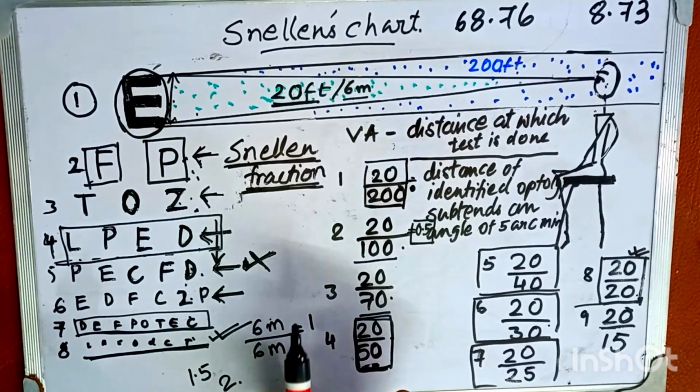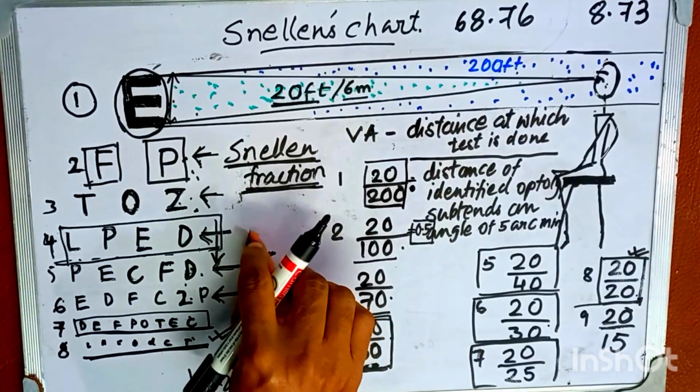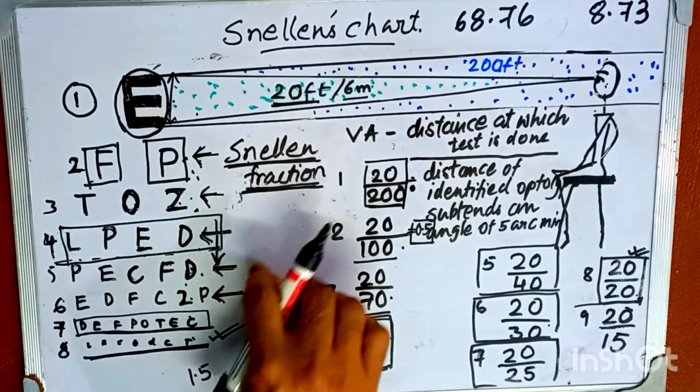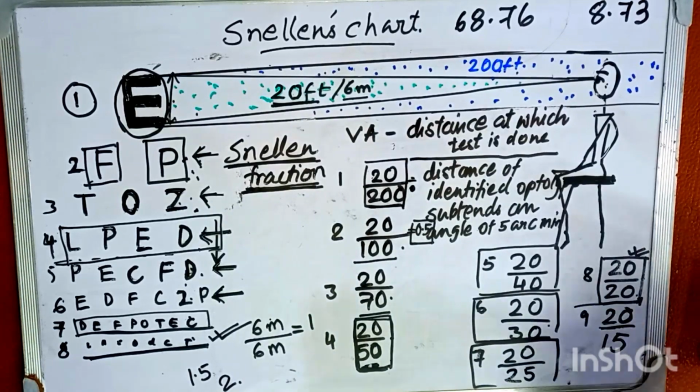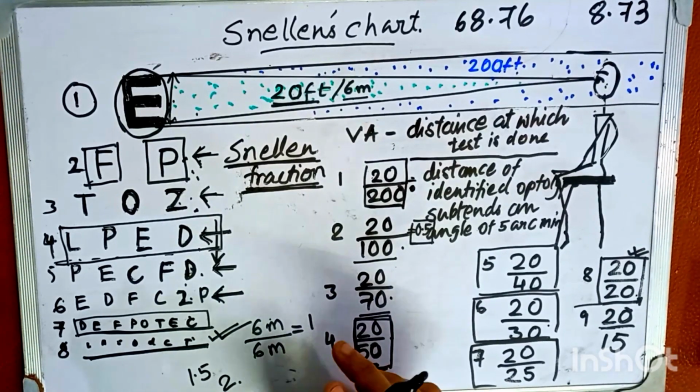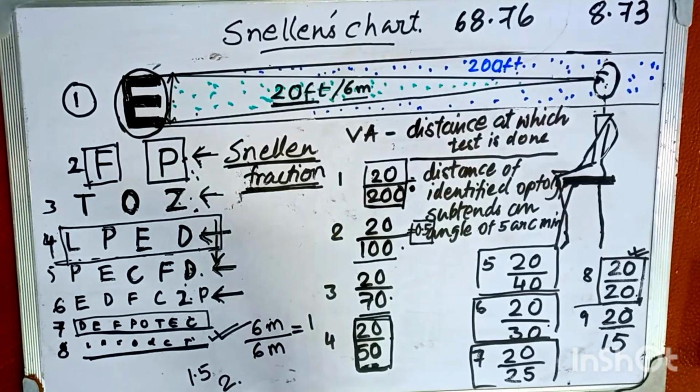And as there are refractive defects, say we have myopia or nearsightedness, we can only see near things, we cannot see things which are far away. So that is called nearsightedness or myopia.